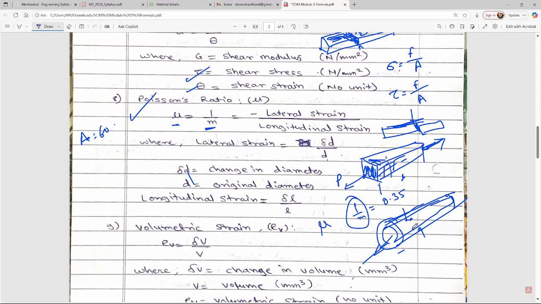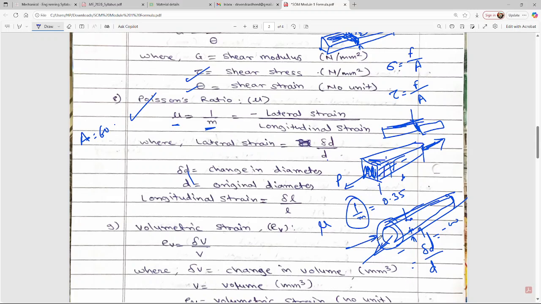So the diameter also has some change, known as delta D. Delta D upon D, the original diameter, is known as lateral strain. But if it contracts, then the delta D value you take as negative, and the delta L value will be positive.